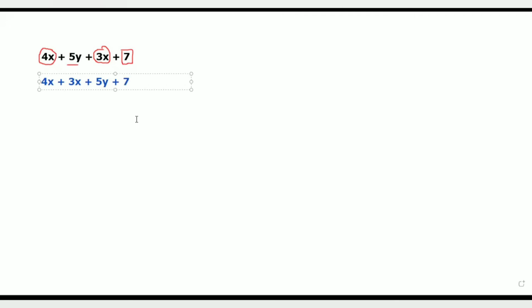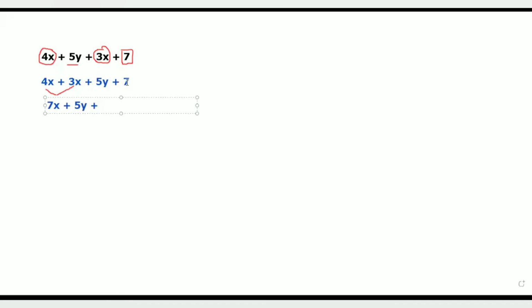So similar ones we now add, right? So x values we can add together. So it will be 4x plus 3x, it will be 7x plus y, we don't have anyone to add. There is no other y terms here. So 5y we write as it is. Plus 7 also.